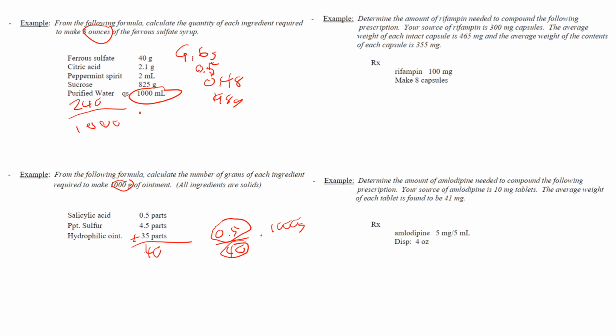So I'll do this for each one of these. 0.5 divided by 40 times 1,000. You need 12.5 grams of salicylic acid. For the precipitated sulfur, 4.5 over 40 times 1,000.